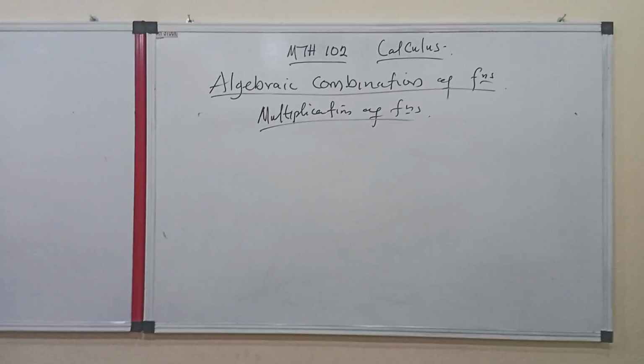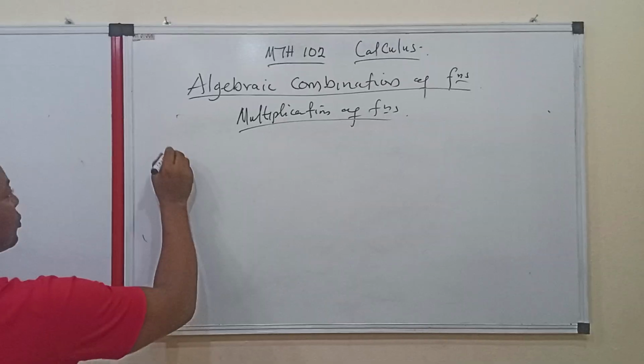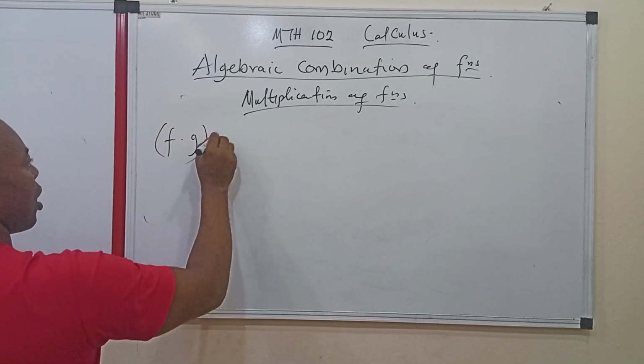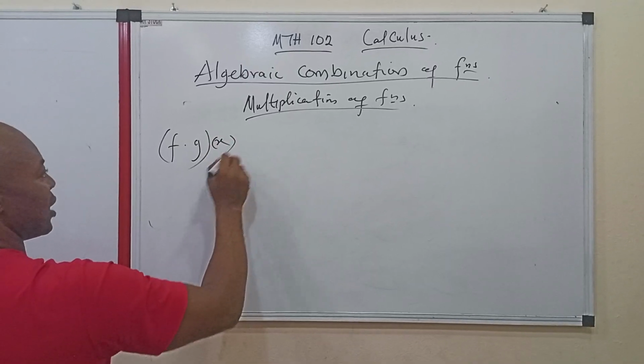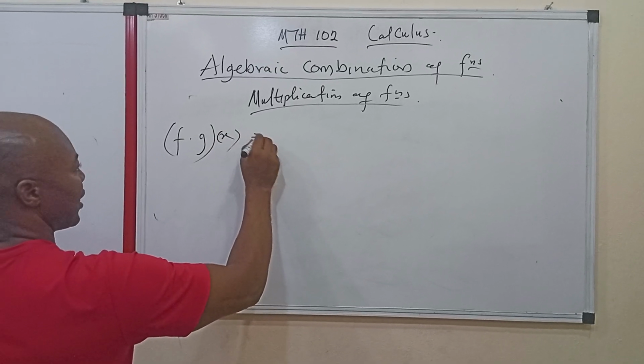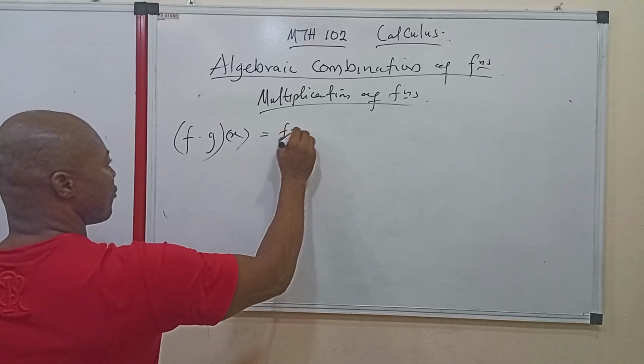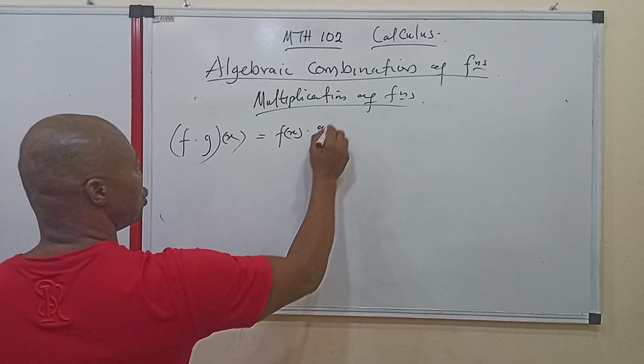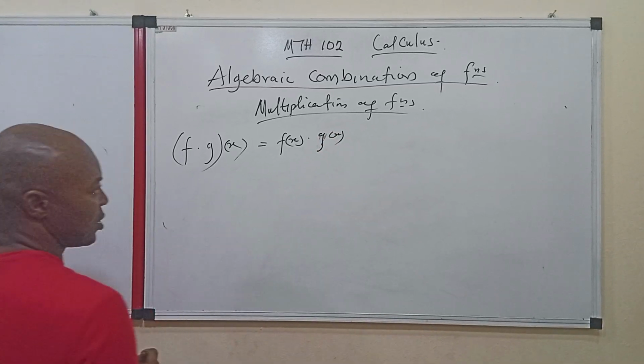That is, if we have, say, f dot g all of x, we can write this as f of x dot g of x.